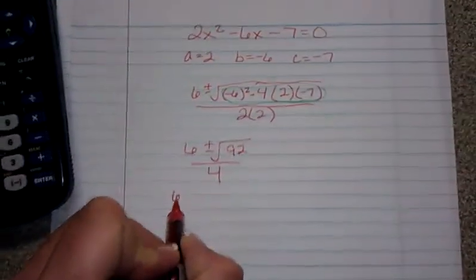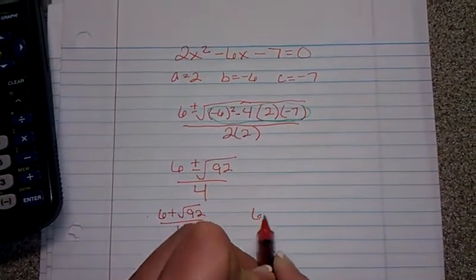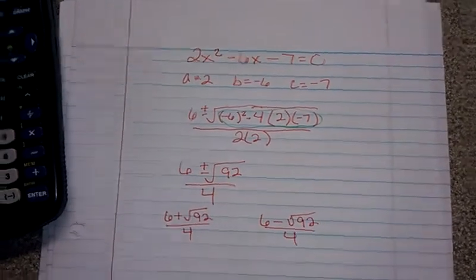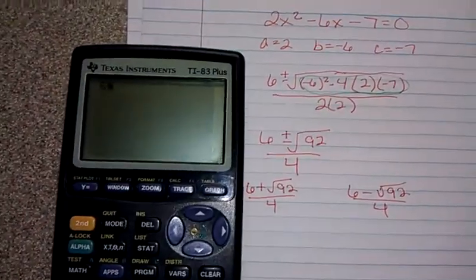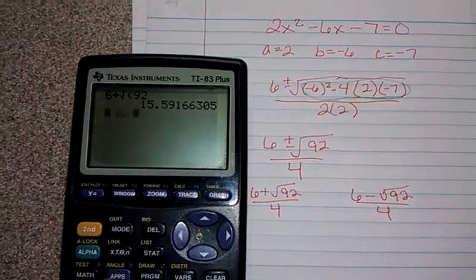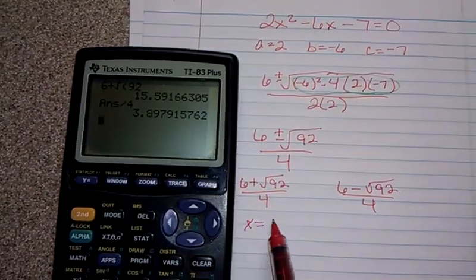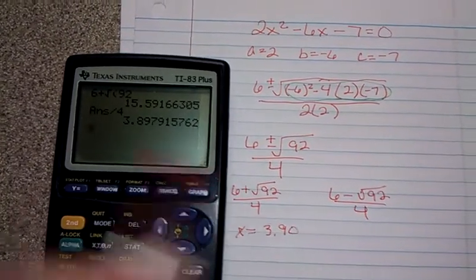So let's see, we have 6 plus the square root of 92 over 4, and 6 minus the square root of 92 over 4. So right here, I have 6 plus the square root of 92, press enter, divide by 4, so x equals 3.89, really that rounds to 3.90.